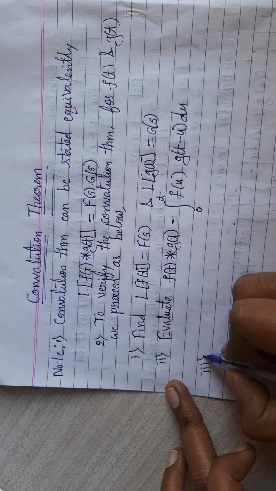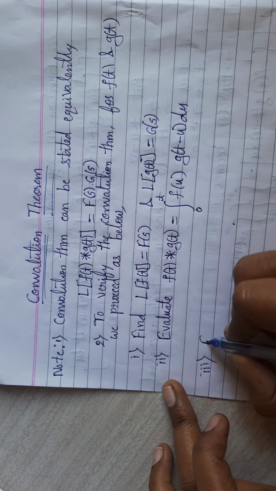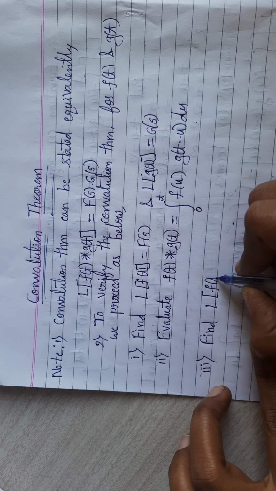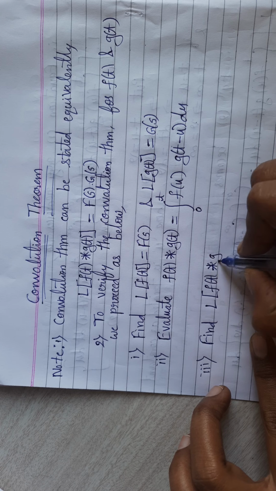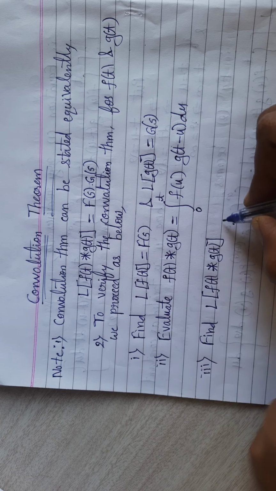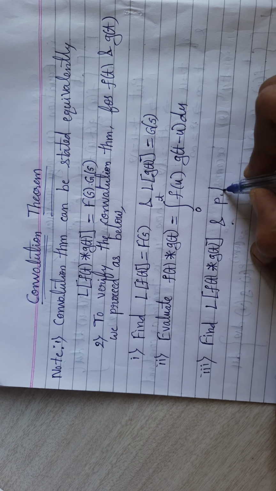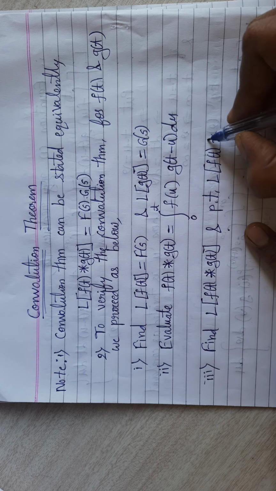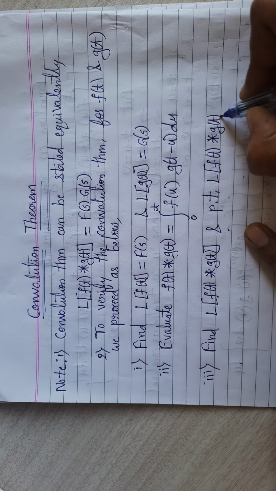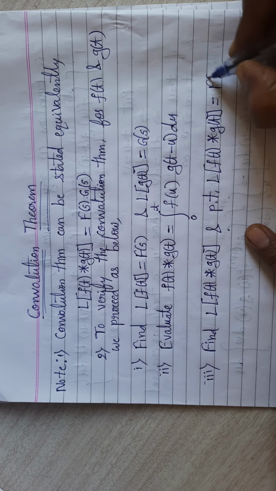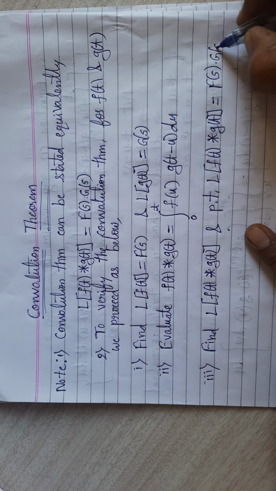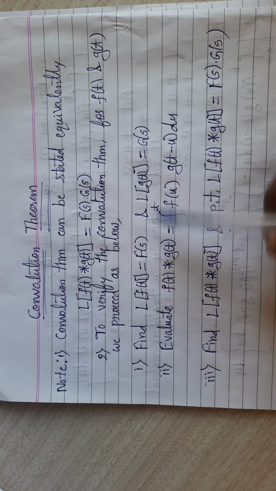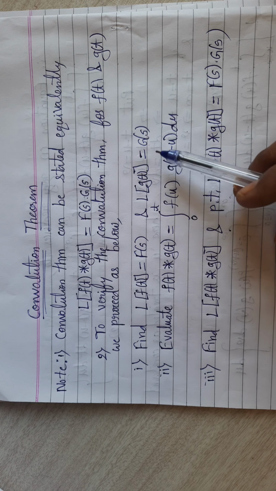Then third one, find L of f of t star g of t, and then prove that L of f of t star g of t equals f of s into g of s. That is, first find L of f of t equals f of s and L of g of t equals g of s.